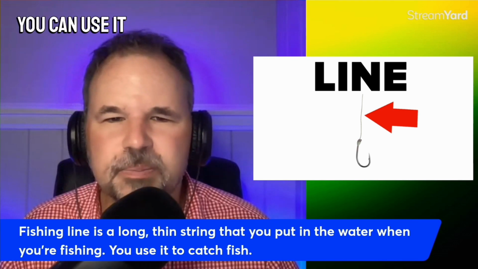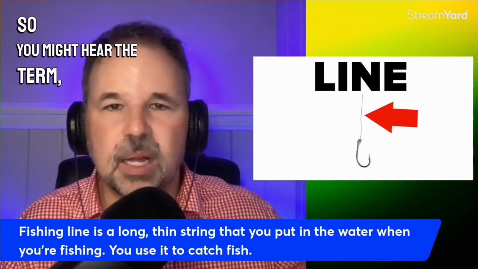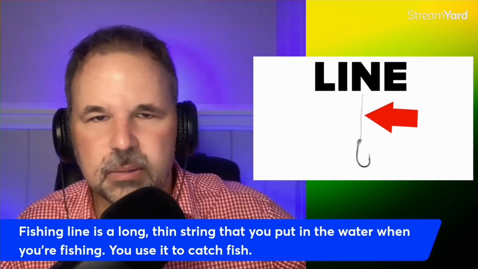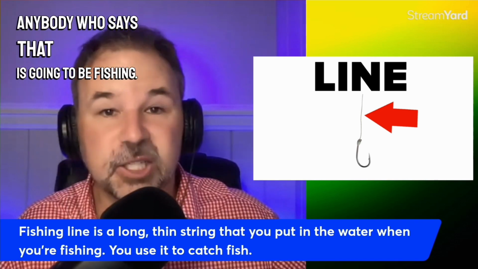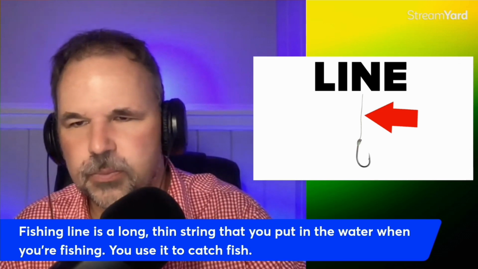You can use it to catch fish. So you might hear the term, I'm going to drop a line in the water. Anybody who says that is going to be fishing. They are going to try to catch fish.